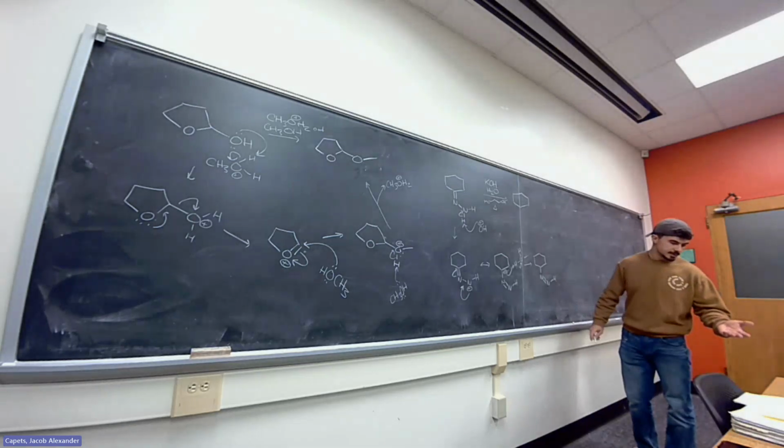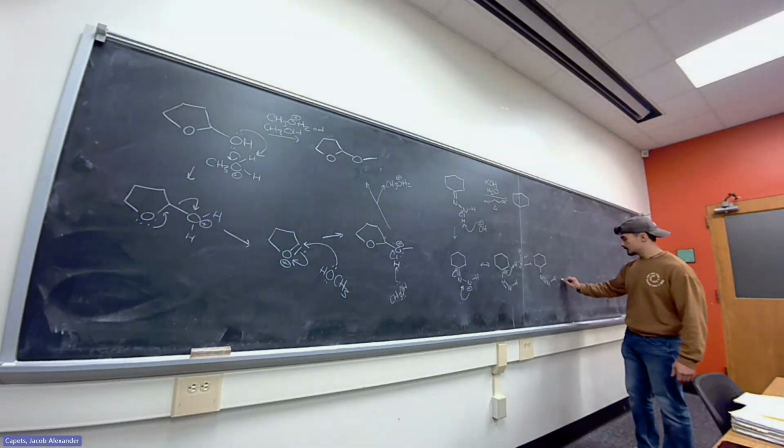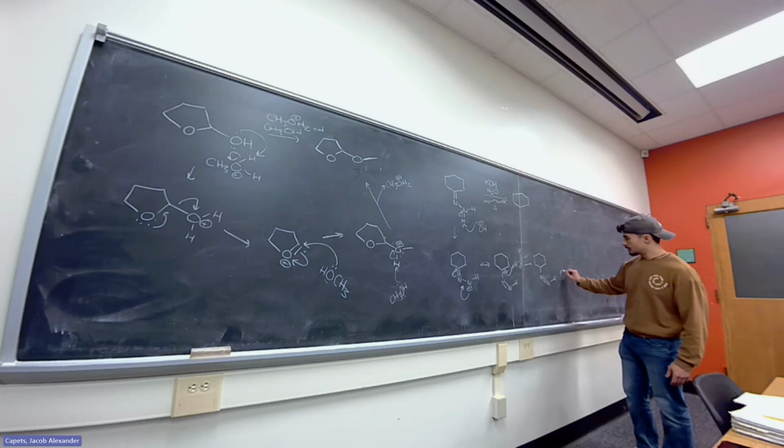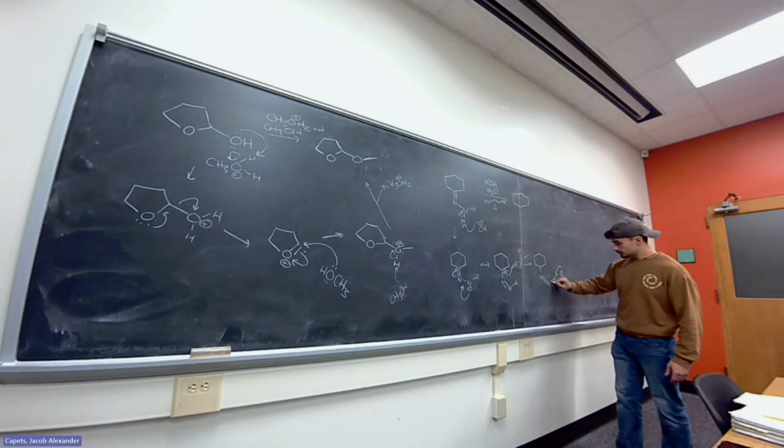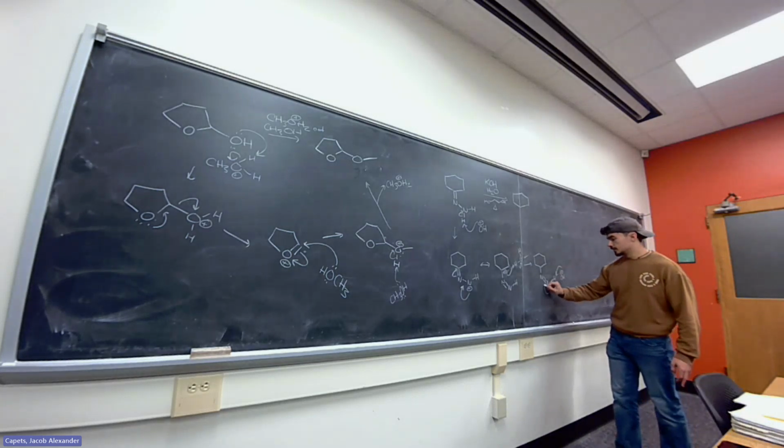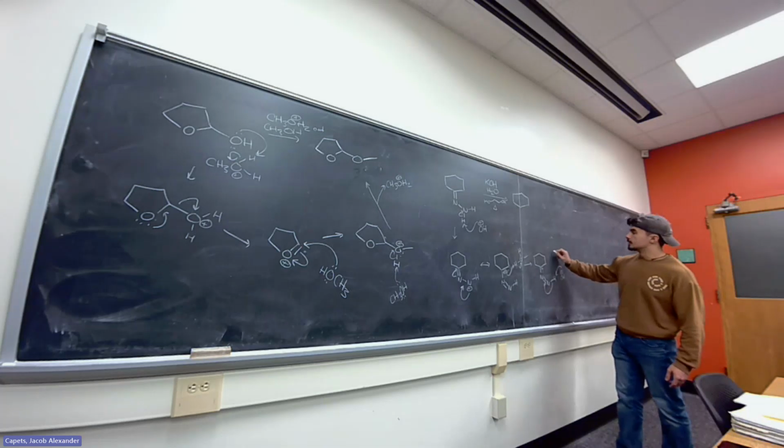The byproduct is given as nitrogen gas, so we want to get a triple bond there. I'll show it this time in one step, not showing the resonance structure.